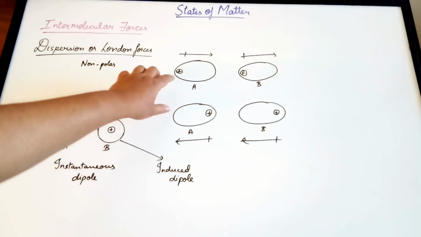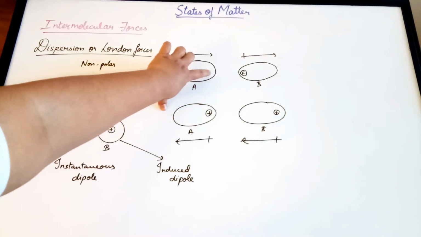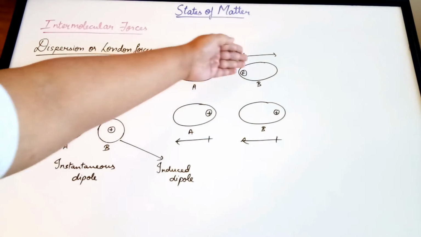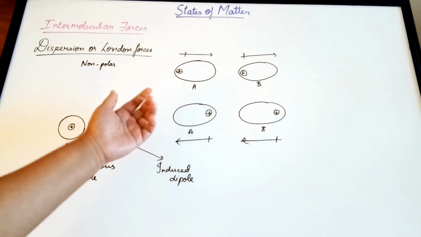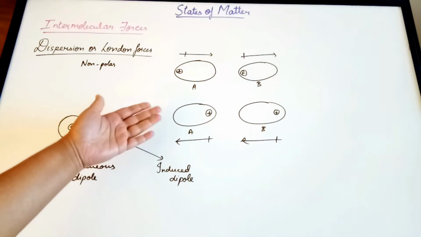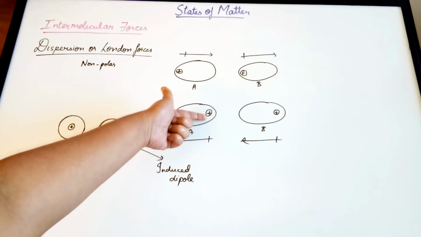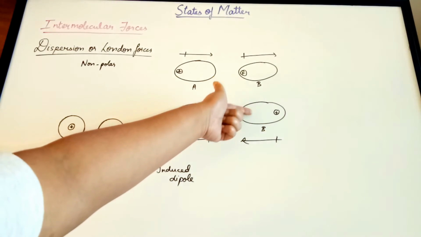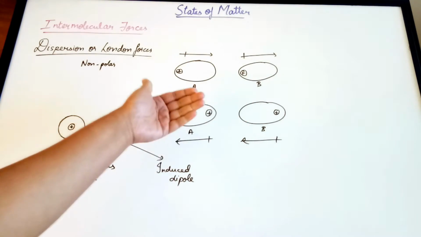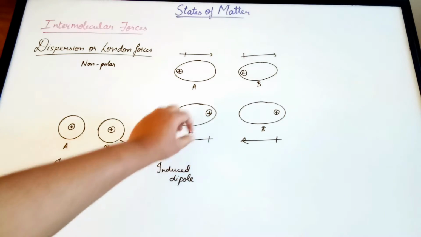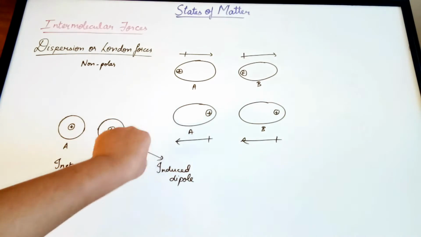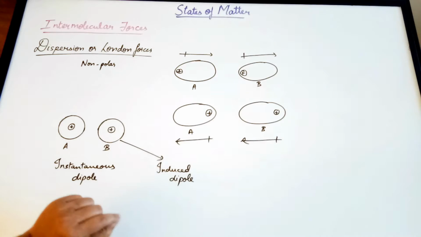Here obviously negative will attract to positive, so the nucleus will get displaced to the left. Similarly, here the electron is getting displaced to the left, the nucleus is getting displaced to the right, and so the electrons of B are going to get displaced to the left. And this arrow depicts the direction of the electrons.